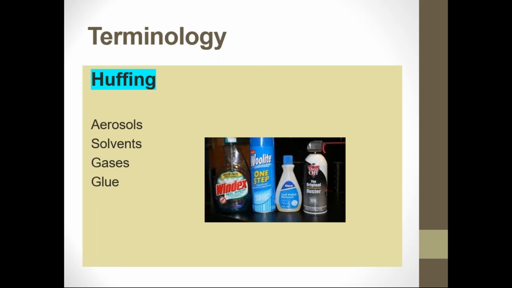What they do is spray these products on a piece of cloth or a rug, and then they place that cloth over their mouth and nose, and then they huff. They breathe in. So breathing in would be a good interpretation for the word huffing.